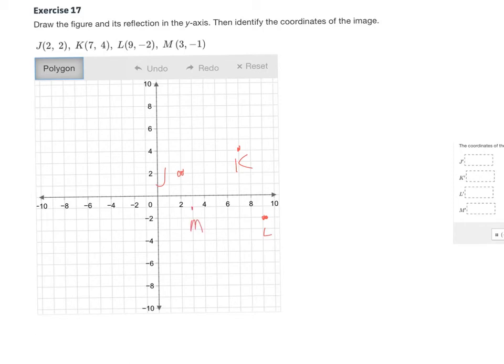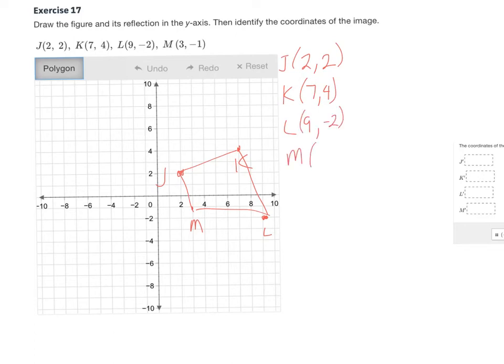That is M. This quadrilateral looks like a trapezoid. And I've got 2, 2. That's going to be J. K is 7, 4. L is 9, -2.